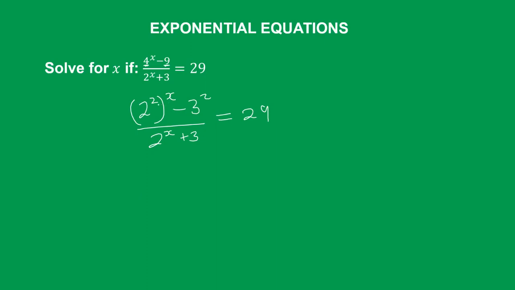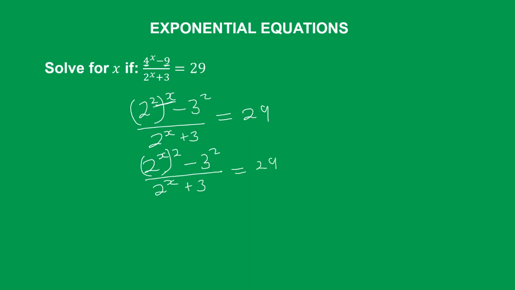Remember, multiplication is commutative. I can write this as 2 to the power x times 2, because 2 times x and x times 2 is just the same thing. Then minus 3 squared over 2 to the power x plus 3 is equal to 29.